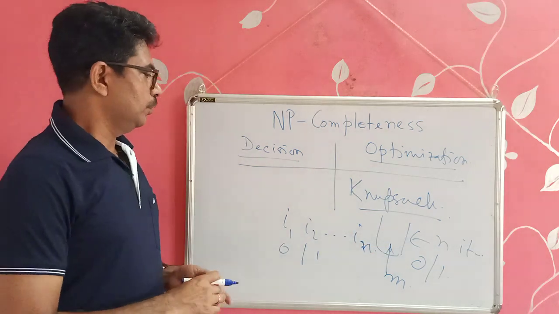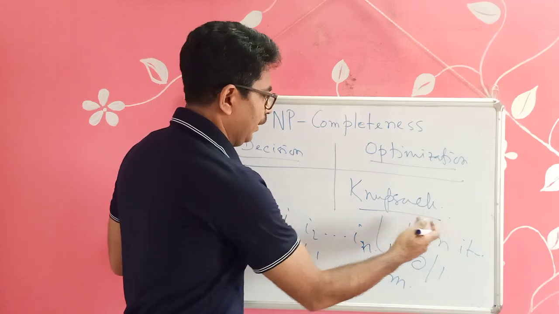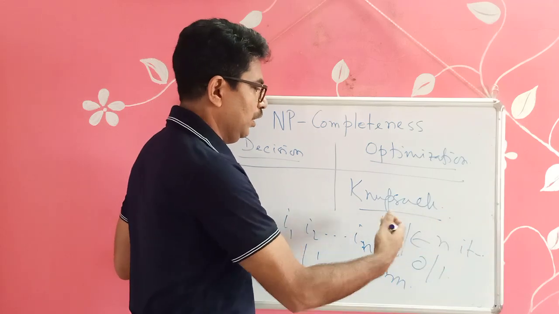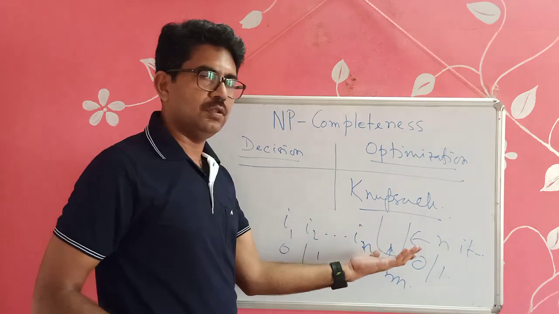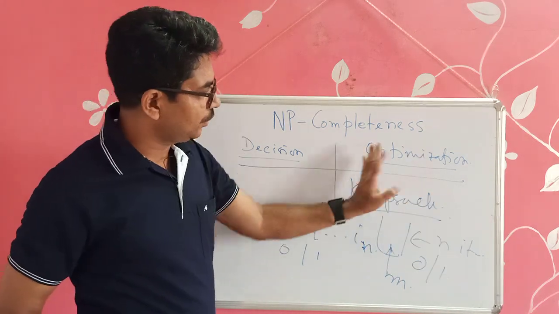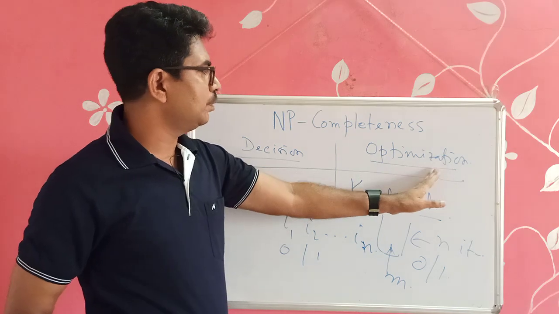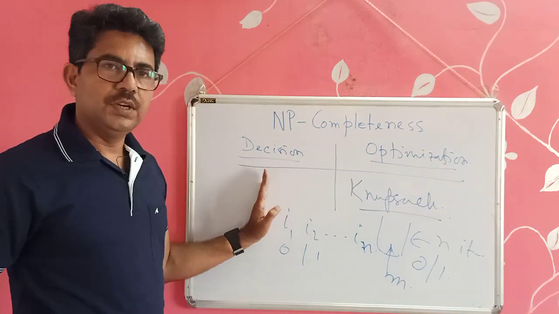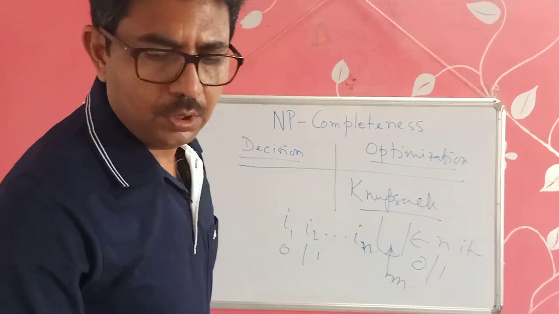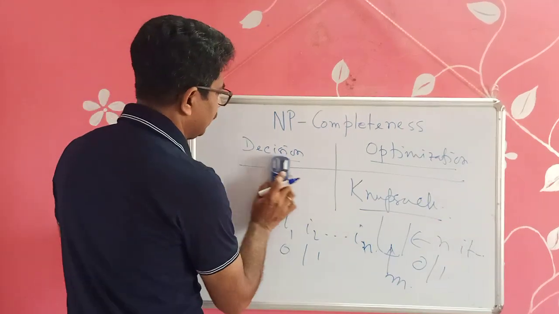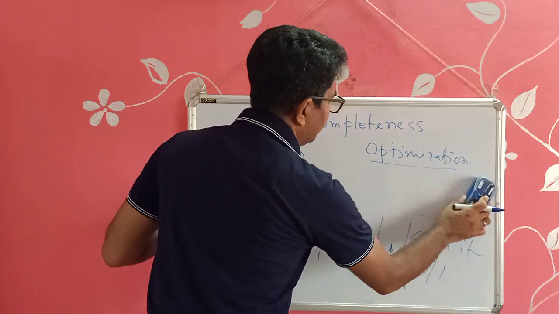Whether it reaches the maximum value or not, yes or no. If yes, then it is the optimum value. If no, then it is not optimum. So this optimization problem can be converted to a decision problem. In general, we have two different types of problems: decision problem and optimization problem.